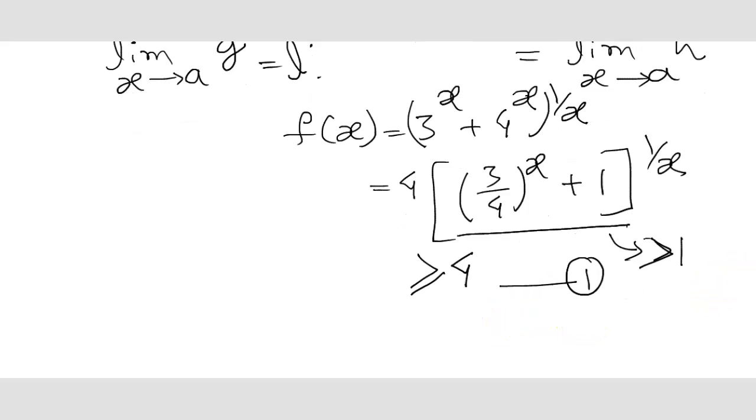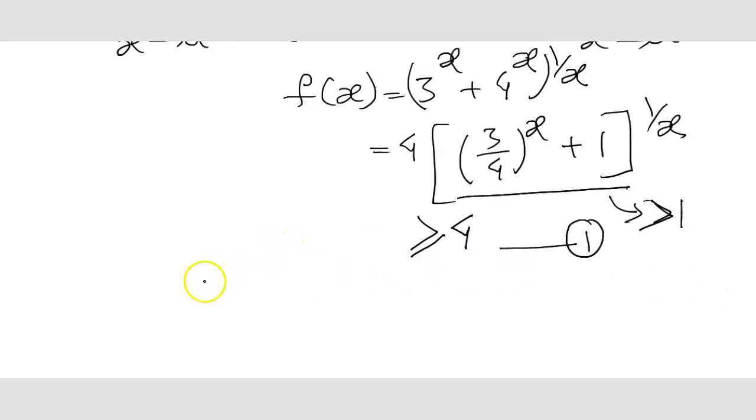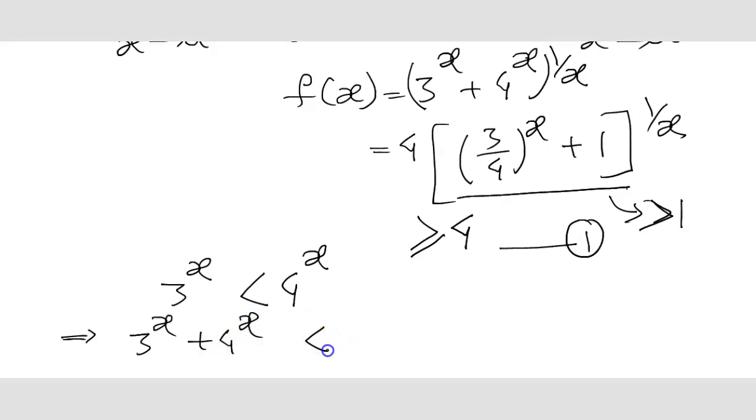Again we can do another thing. 3 to the power x is always less than 4 to the power x in any case. Now if we add 4 to the power x on both sides, we simply have 2 into 4 to the power x. Right?